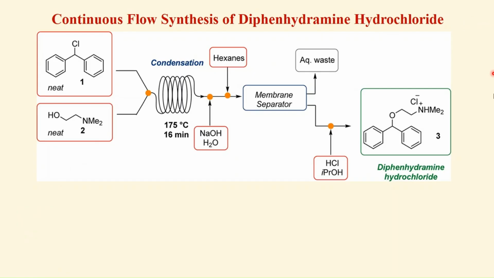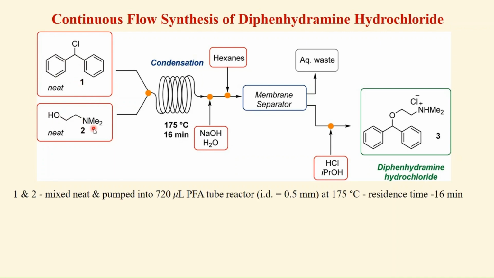To synthesize diphenhydramine hydrochloride, the diphenylmethane derivative and diaminoethanol are mixed together without any solvent, and then they are pumped into the PFA tube reactor.